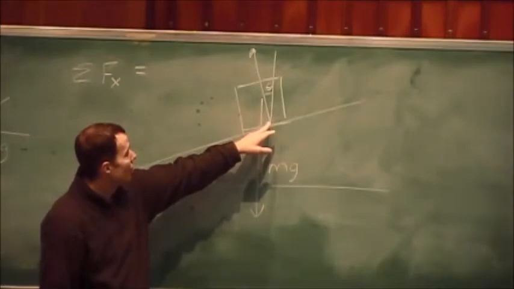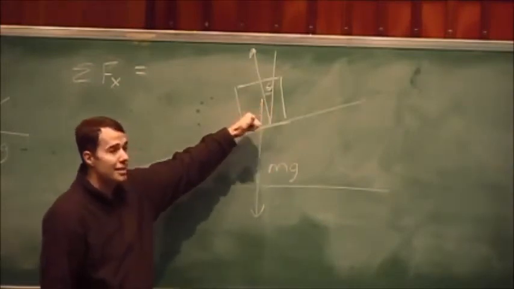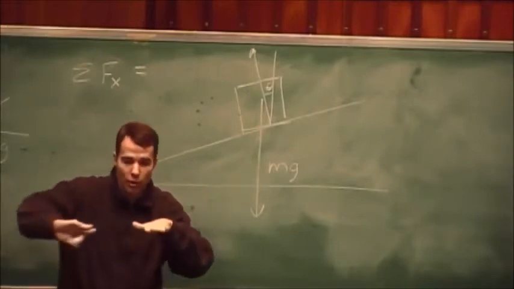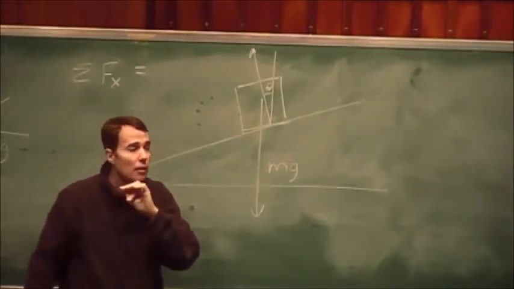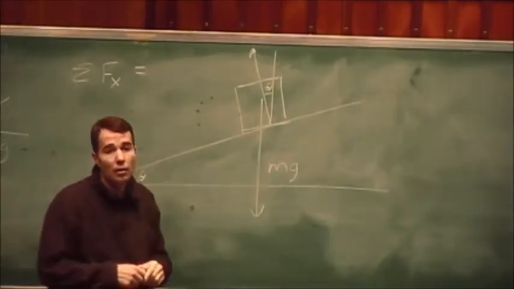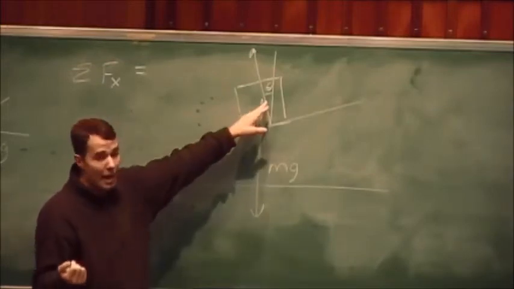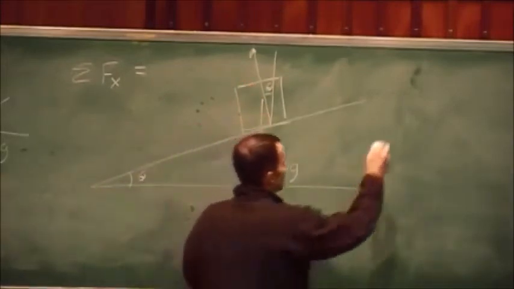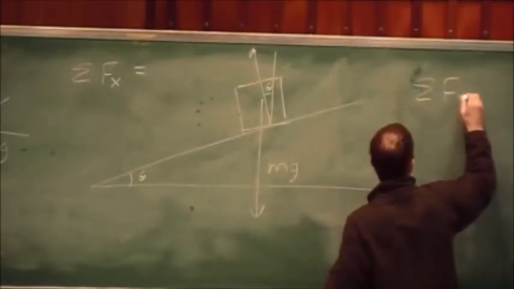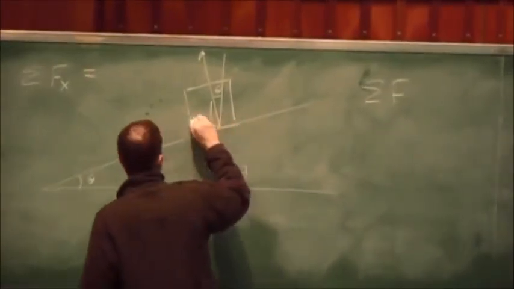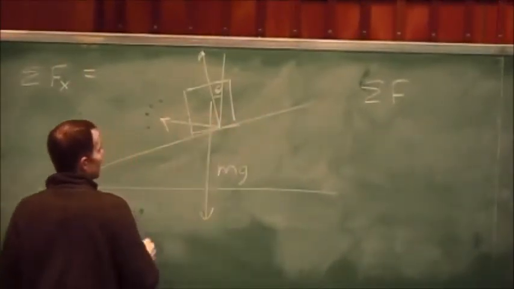So what is the component of the normal force that is in the direction of interest in terms of going around in a circle? F normal is equal to Fn sine theta, right? Okay? So what we're interested in is looking at the component that goes out like this.